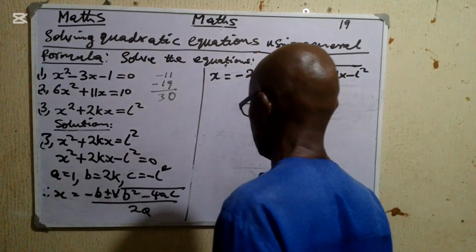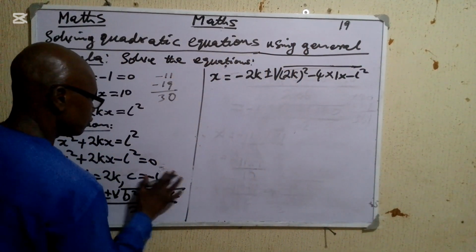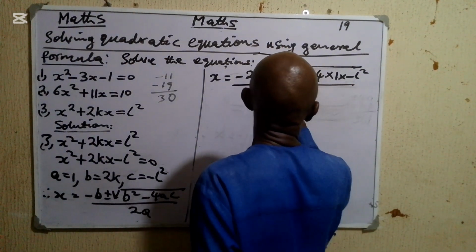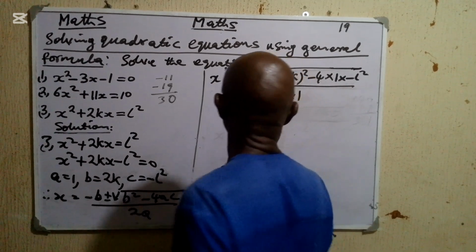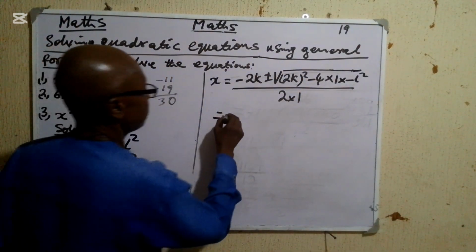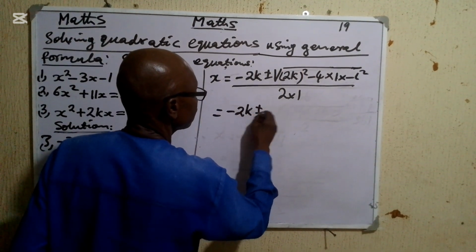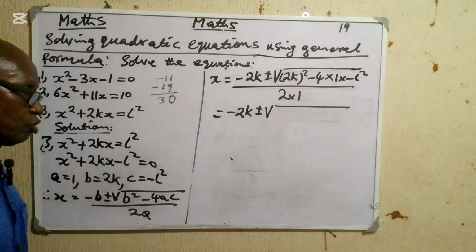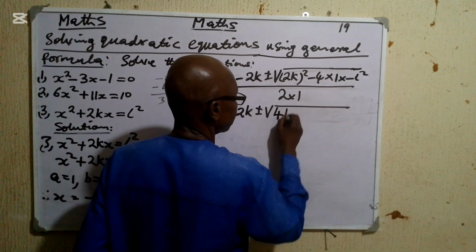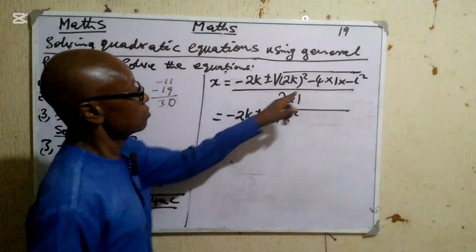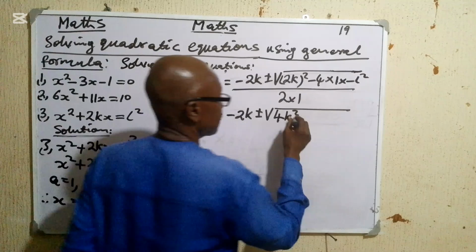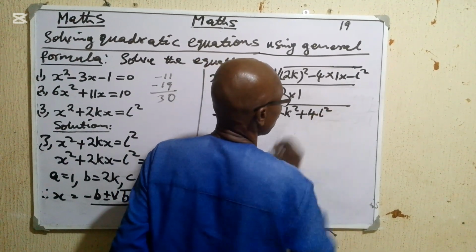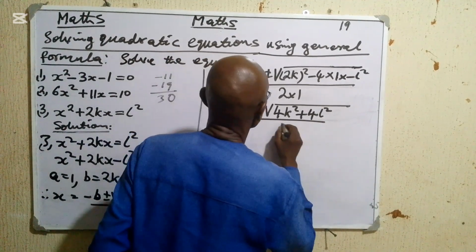So, for us to continue, that will be minus 2k plus or minus square root of 2k times 2k should give us 4k squared. Then minus times minus is plus, and that one will give us plus 4L squared all over 2.